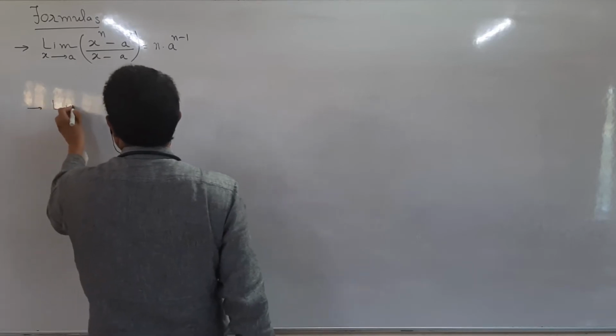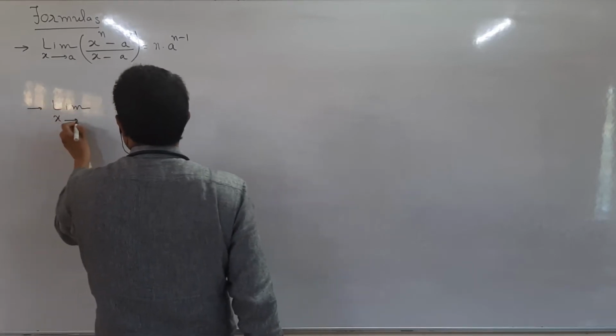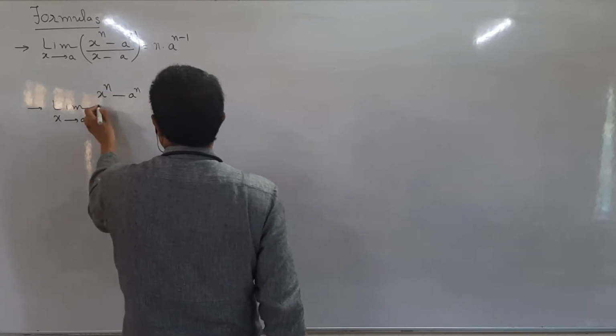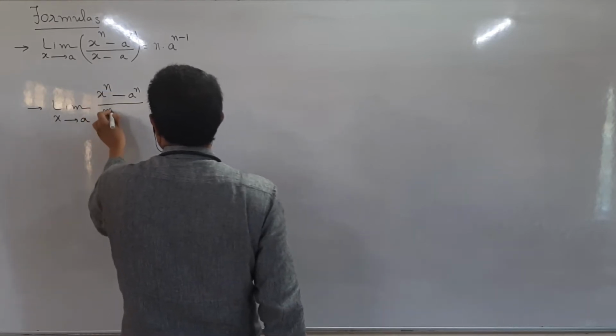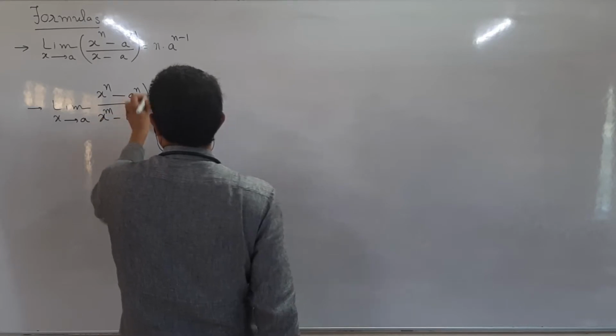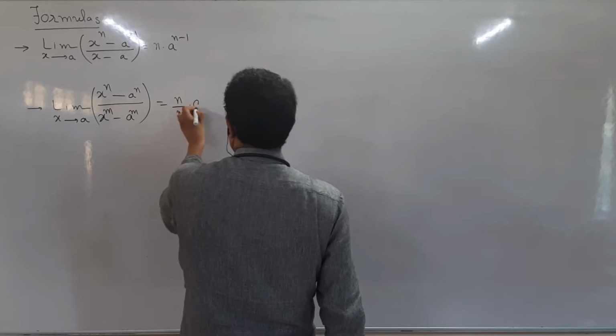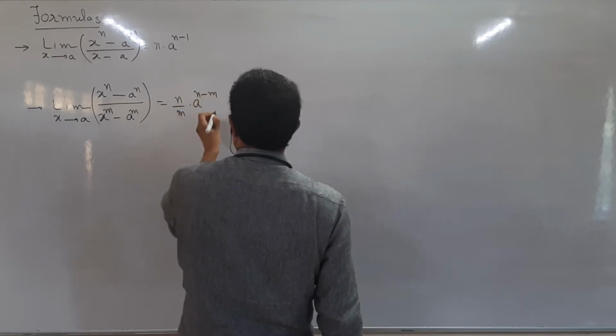The next formula was limit x tends to a, x raised to n minus a raised to n upon x raised to m minus a raised to m, equal to n upon m a raised to n minus m.